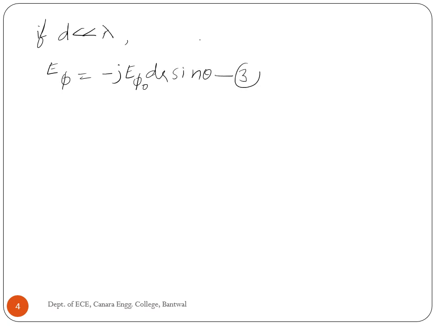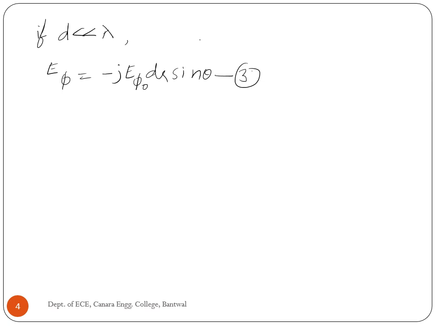The factor j in equation 2 indicates that the total field E phi is in phase quadrature with the field E phi naught of the individual dipole. If d is very much less than lambda, equation 2 can be written as E phi is equal to minus j E phi naught beta d sin theta. The angle theta in equation 3 is a different angle with respect to the dipole.